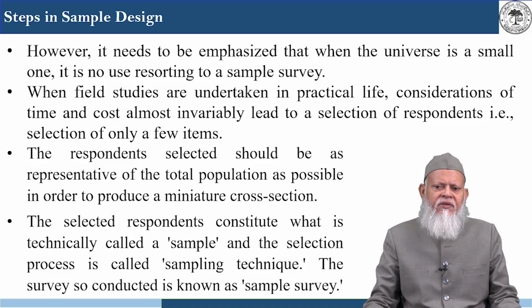Further, if the universe is small, then we should not use a sample survey, we should go for a census survey, as I have told, in case we study the level of satisfaction of students in a department.